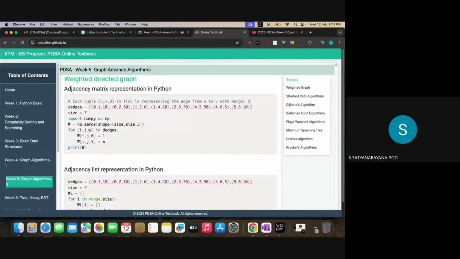Yes. Now, the weight from i to j, whatever weighted matrix or edge list you are giving. At W of i and j, which is the row number and column number, in that tuple the 0th value we are putting is 1, because 1 means true.